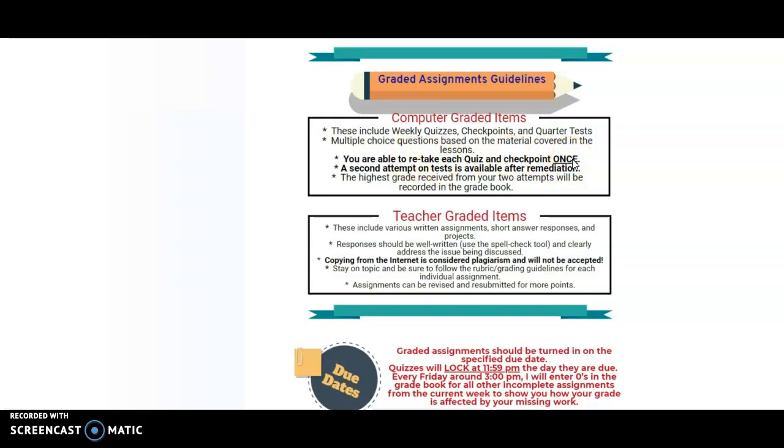So that means a total of 2 attempts. For tests, a second attempt is available, but only after remediation. You need to reach out to your teacher, and we will discuss whether we need to meet or complete a study guide or something like that. It's the highest grade that's received from your 2 attempts that will be recorded into your grade book.